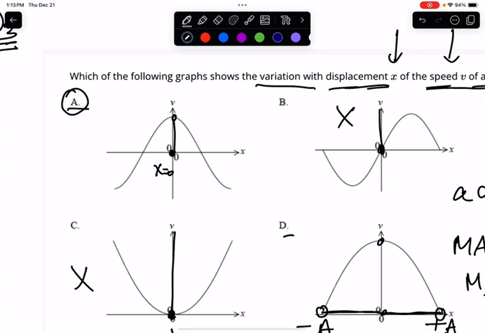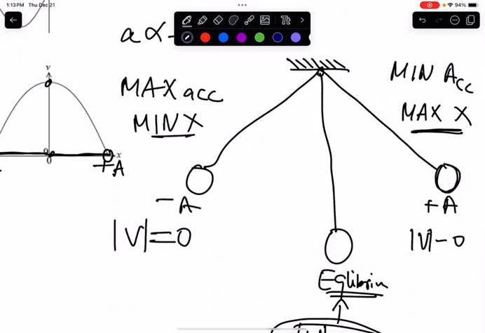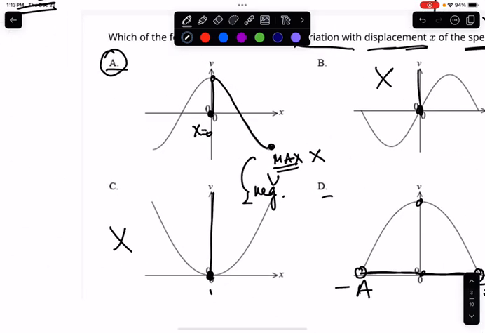But then the problem happens when you go to this maximum value of x, then the velocity is negative. And that should not happen, because when you reach the maximum value of x, the velocity becomes 0, since you are at the amplitude positions. So when you have max x, the velocity must be 0. So this does not work.